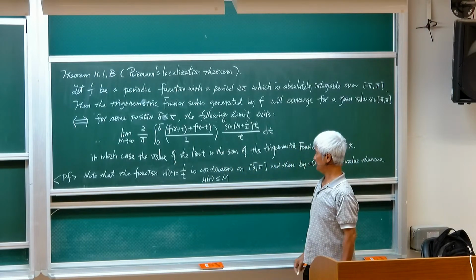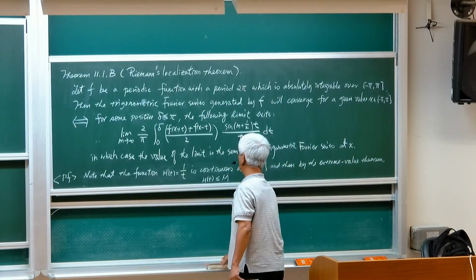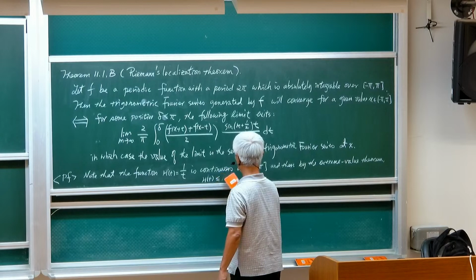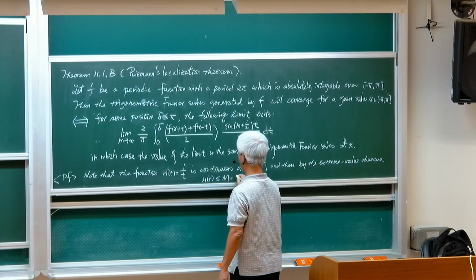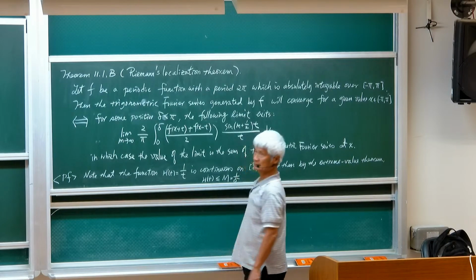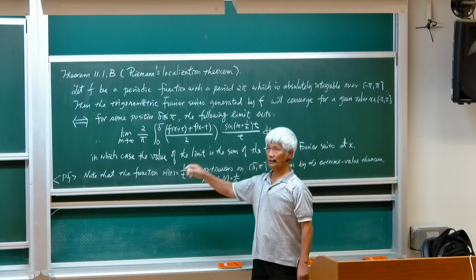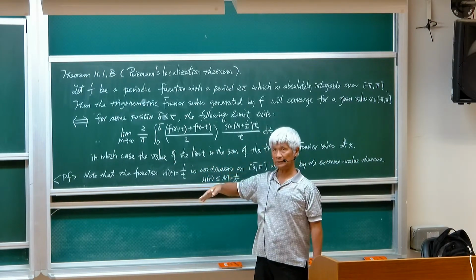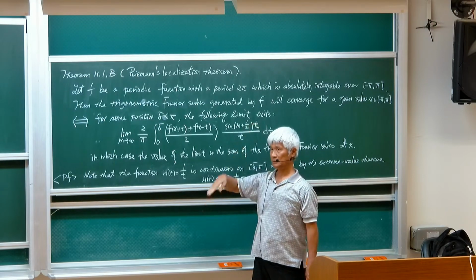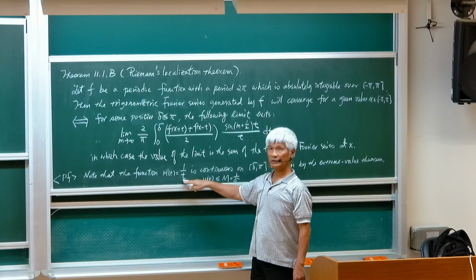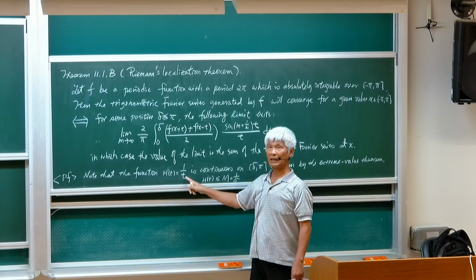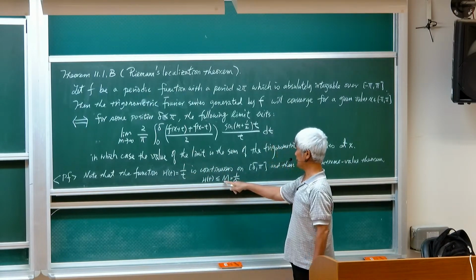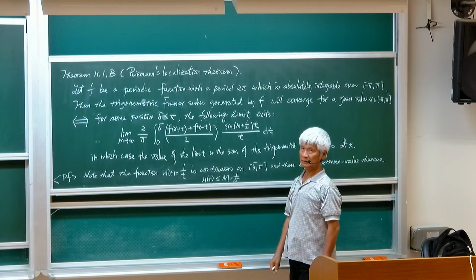Okay, but actually we can say you can assign M to be 1 over delta, right? Because this function is monotonically decreasing, okay? So the maximum value should be the value at the endpoint at delta, right? So that you can select M to be 1 over delta, right?